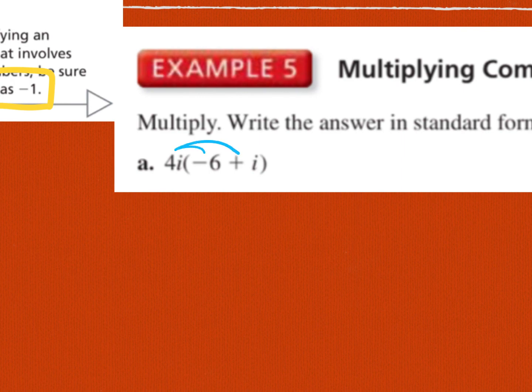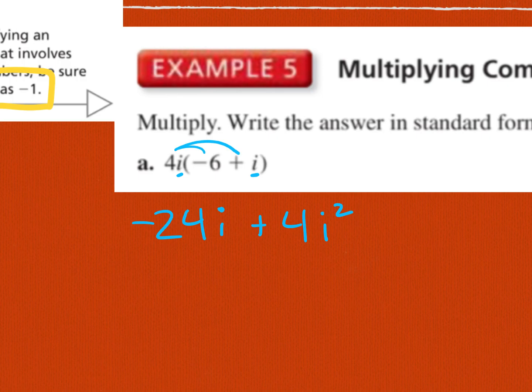So I'm distributing the 4i to both things inside the parentheses. So what's 4i times negative 6? Awesome, negative 24i. So we just multiply 4 times negative 6, which gives us negative 24, and the i just stays there. Now what is 4i times i? Awesome, 4i squared. Since I have an i times an i, that turns into i squared.